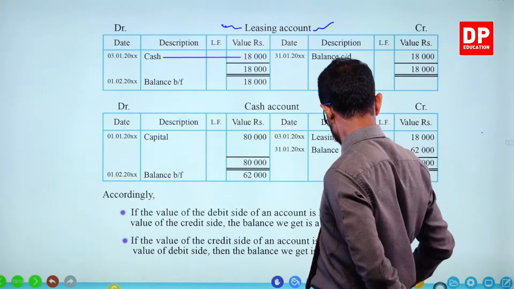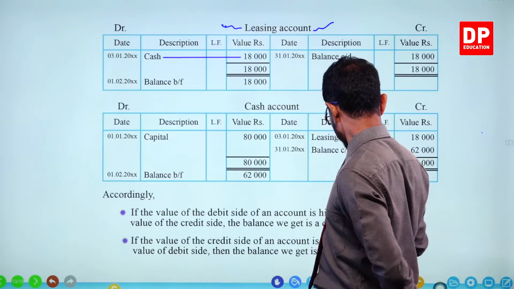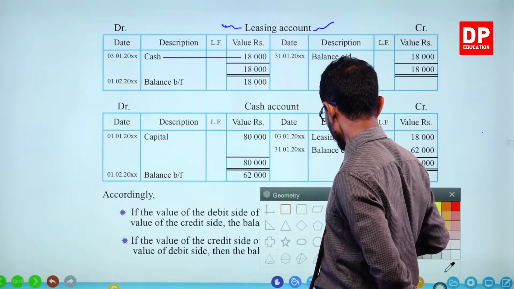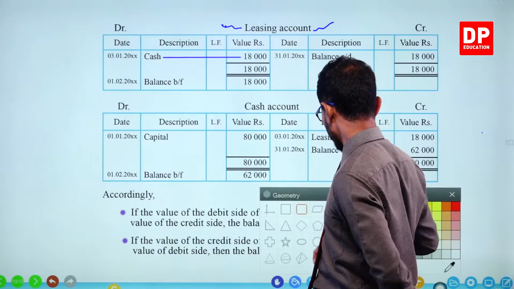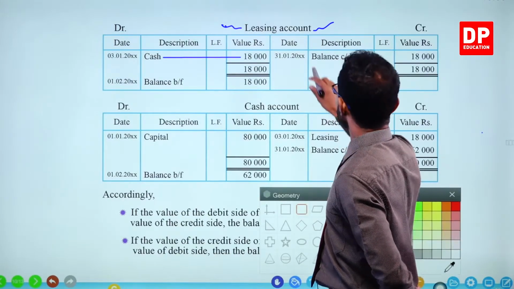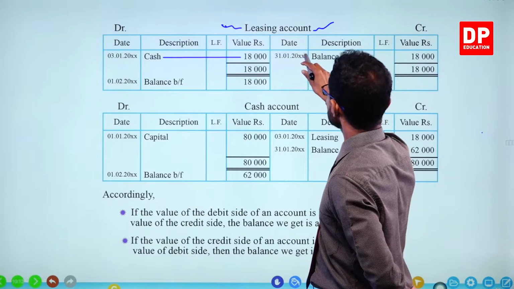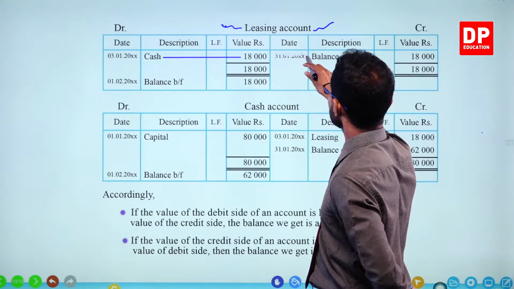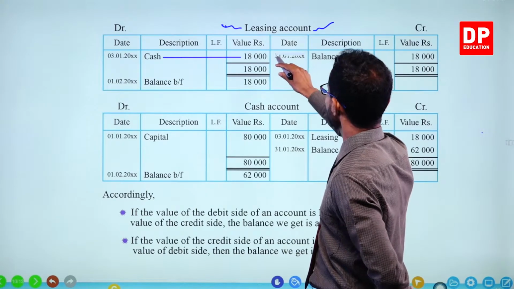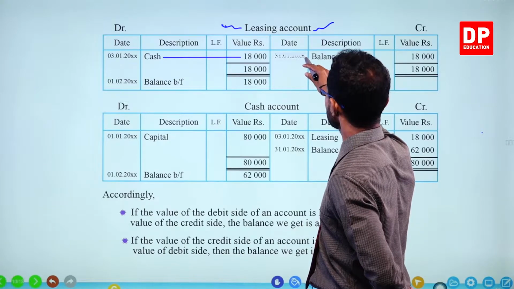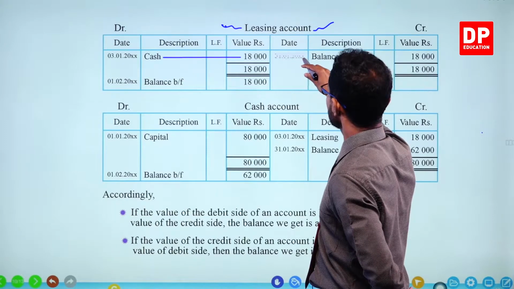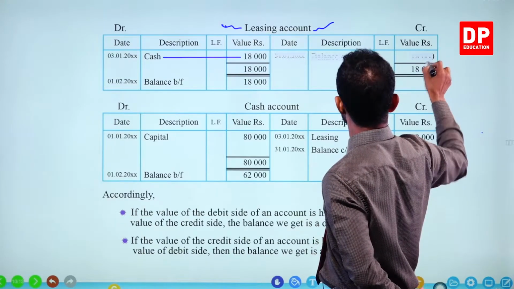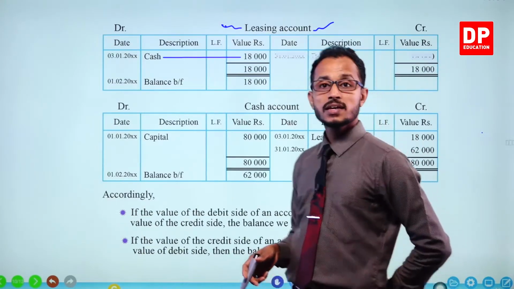Alright, just ignore this, because they have already taken the balance carried down.